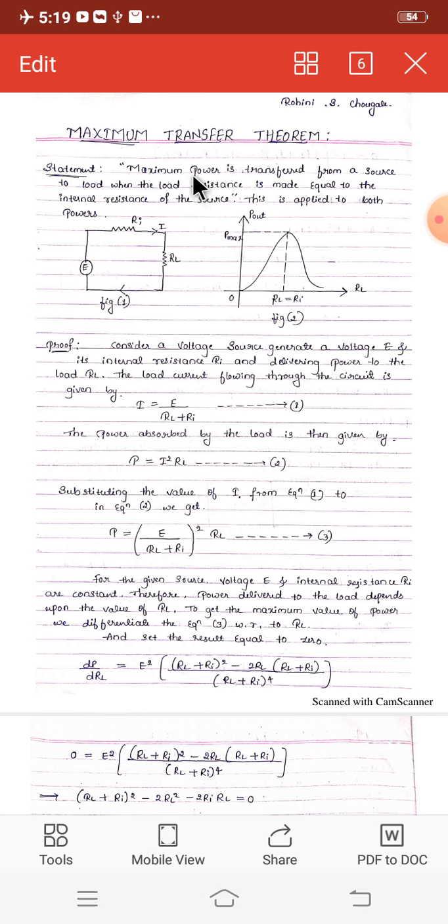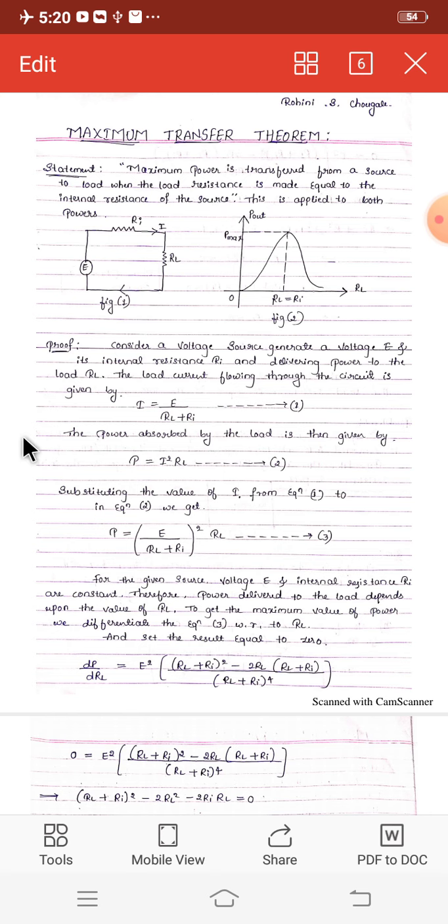From the next class onwards I want to start the transient circuit. That is also a bigger part in this chapter, but that is easy compared to this. Here, what is your chapter name? DC circuit analysis and transient circuit.